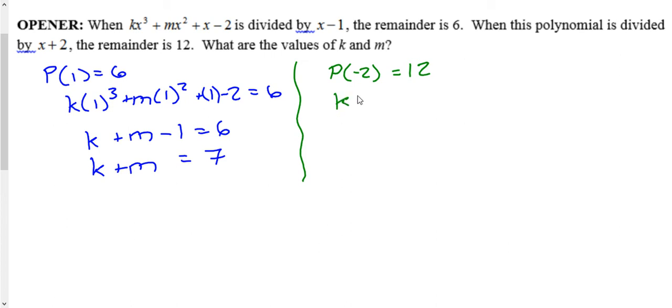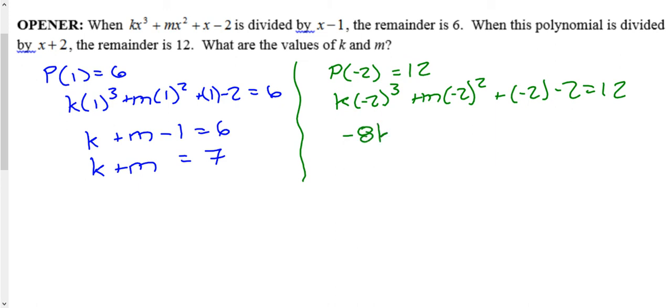Again, so k times negative 2 cubed plus m times negative 2 squared plus negative 2 minus 2, and all of that's going to equal 12. Cleaning this up, we get negative 8k plus 4m minus 4 equals 12. And of course, we want k and m by themselves, so we're going to get rid of that 4 by moving it to the other side.